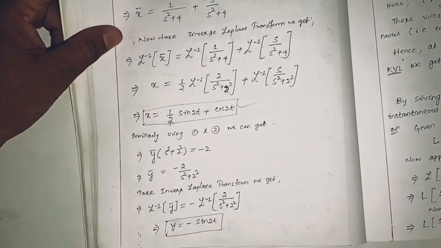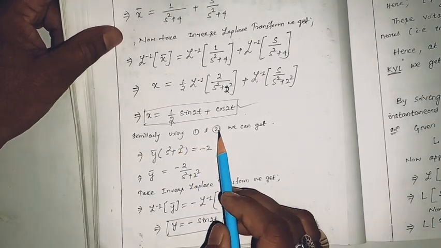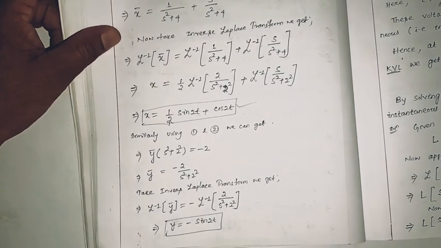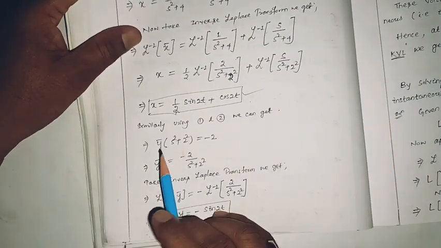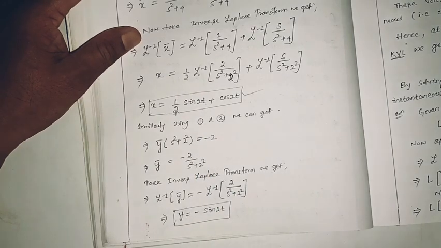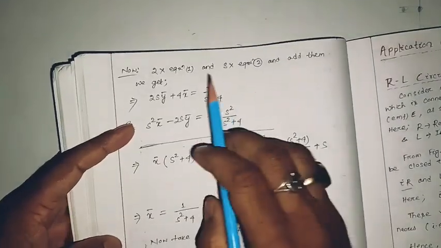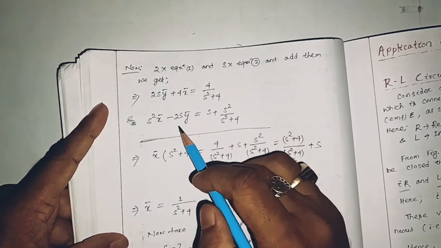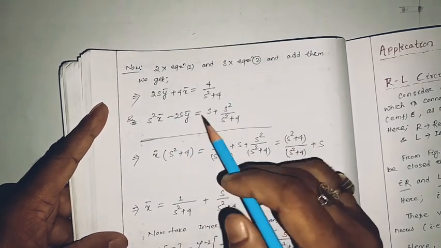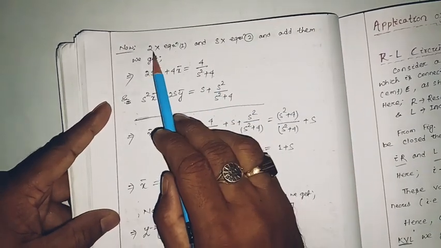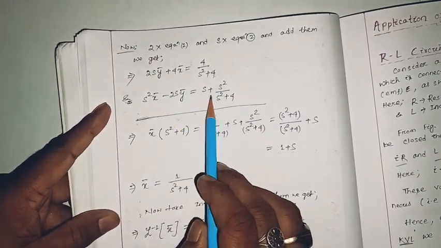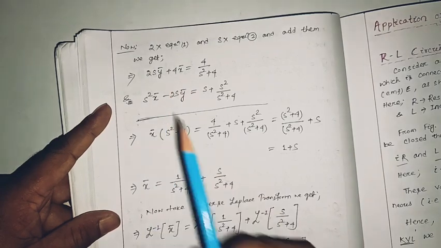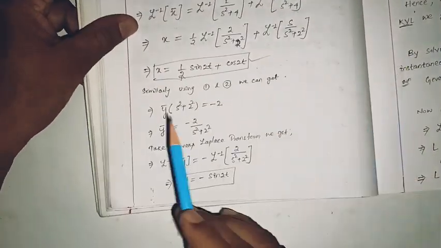Similarly, using equation number 1 and 2 we can get y. That means if we consider here we multiply 2 with equation number 1 and s with equation number 2 and add them together. Now if we multiply 2 with equation number 2 and s with equation number 1 and subtract both, then we can find y bar.